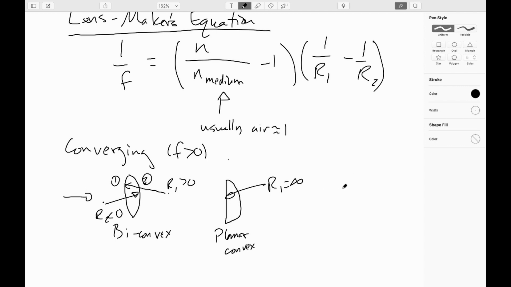But other shapes that you might not expect, very common in eyeglass design, is what's called a meniscus design. So this is an example of a meniscus convex lens. And yes, the two surfaces are kind of fighting each other. They both have positive radii of curvature.